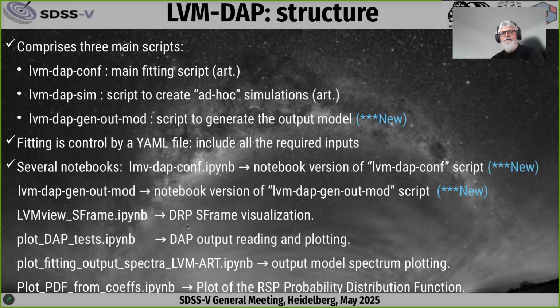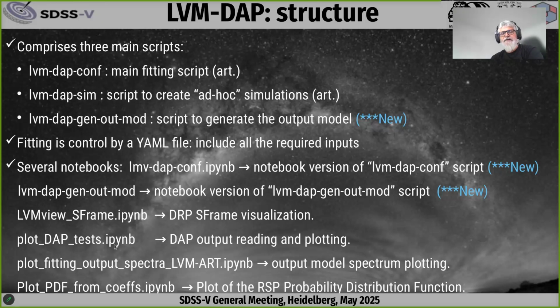There are some tools for reading and plotting the results of the DAP. The DAP produces a result in a certain format that I will explain later, and those tools help people read and plot and create science results. There is a tool for plotting the model that is generated here.